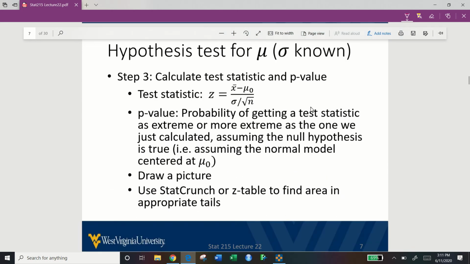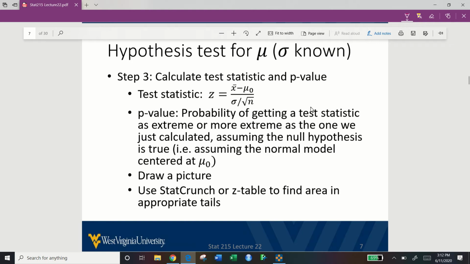Step 3, we are going to want to calculate a test statistic and a p-value. The test statistic in this case will be z equal to x bar minus mu naught divided by sigma divided by the square root of n.